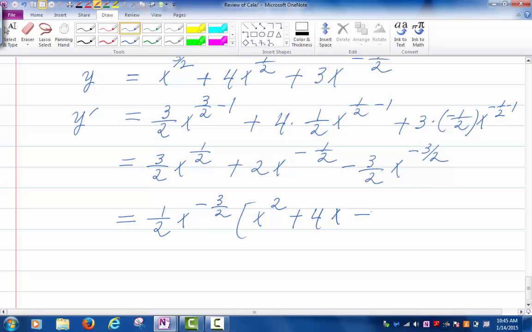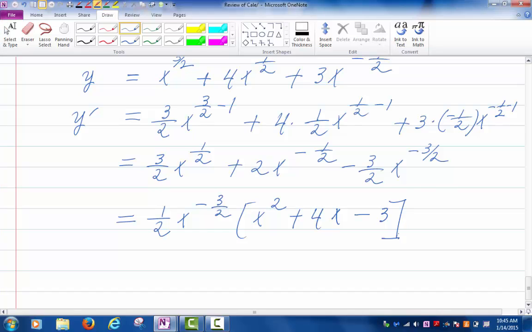Minus 3 half divided by half is 3, right? And what am I getting here as power of x? Actually 0, right? Which is 1.